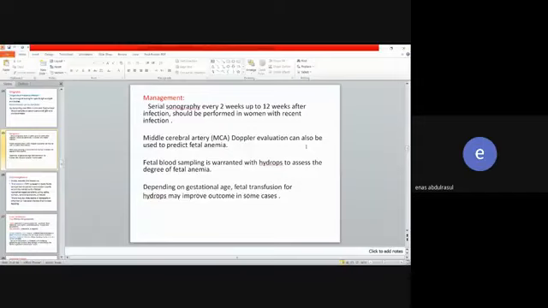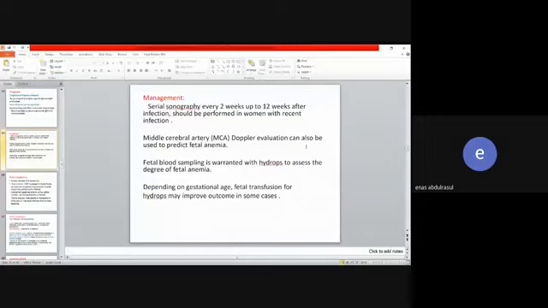As you know, in fetal anemia the blood velocity in the middle cerebral artery increases as part of a protective mechanism, called the brain sparing effect. So if we see the blood flow begins to increase through the middle cerebral artery, this may predict the development of fetal anemia. As well, fetal blood sampling is warranted with hydrops to assess the degree of fetal anemia.